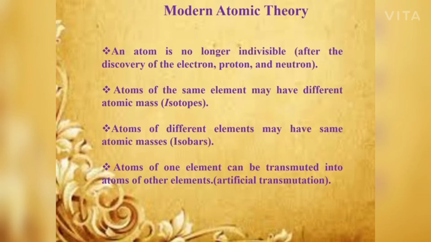Atoms of different elements may have the same atomic mass but different atomic number, which are called isobars. The atom of one element can be transmuted into the atom of another element, which is called artificial transmutation.